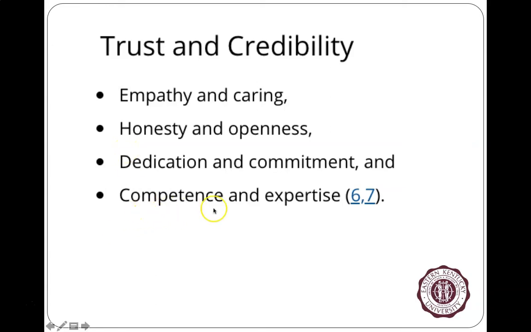And then you also have to be viewed as a person or an entity or an agency that's both competent and has expertise. If you are viewed as incompetent, if you do not seem like you've got a long history of being dedicated and communicating with people, or if you're viewed as dishonest or not empathetic and not caring, those things are going to make you a problem.